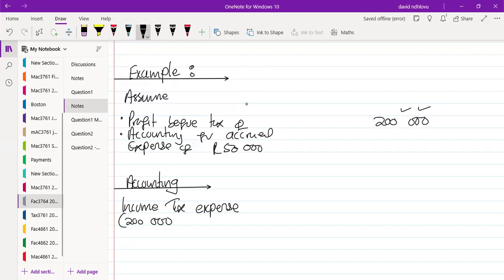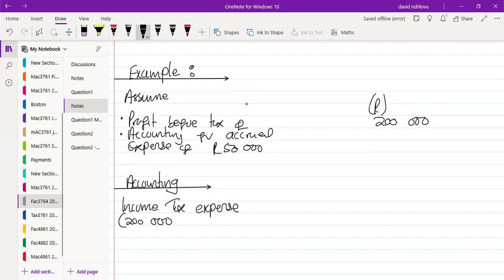Remember, tax exempt differences are items of either income or expenses which would have been included in the calculation of the 200,000 profit before tax, which, however, are not taxable or deductible, which means they don't affect tax. So for tax purposes, we don't consider them. But for accounting, we would have included them.